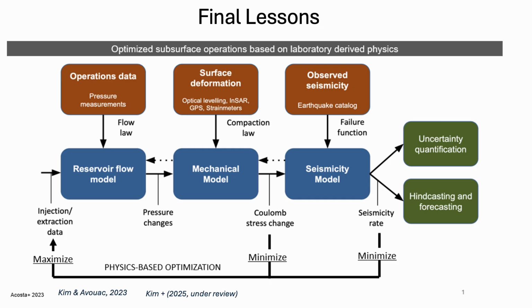Then you do uncertainty quantification of it, and you do hindcasting or forecasting, and then you minimize the seismicity rate such that your Coulomb stresses are changed and your injection and extraction stresses are changed, so that your seismicity rate in the end is below a given threshold.